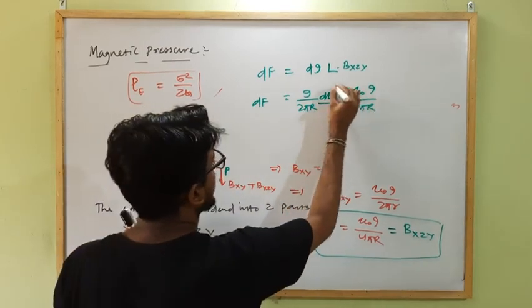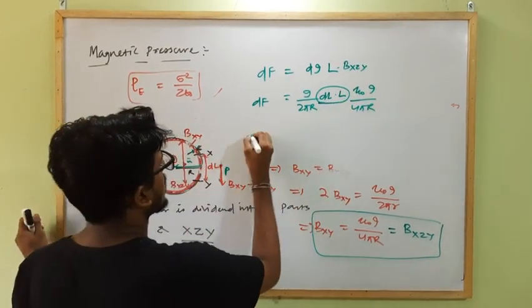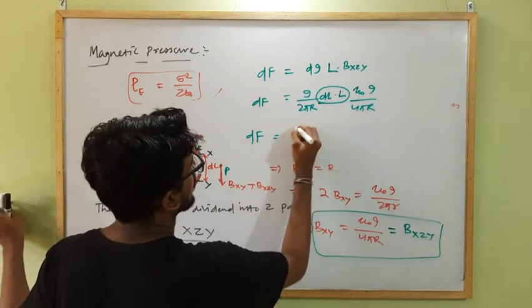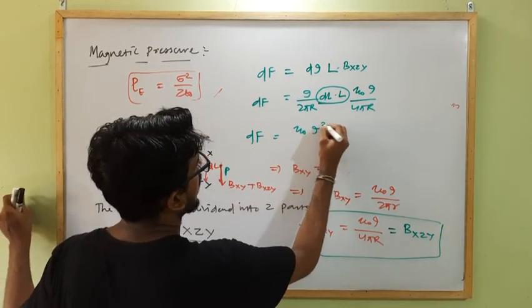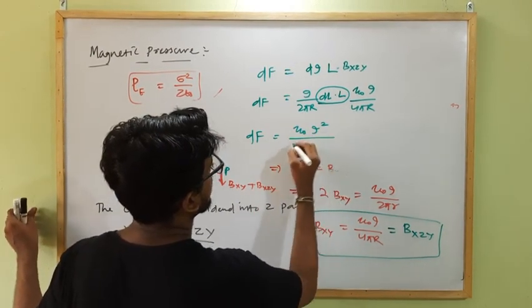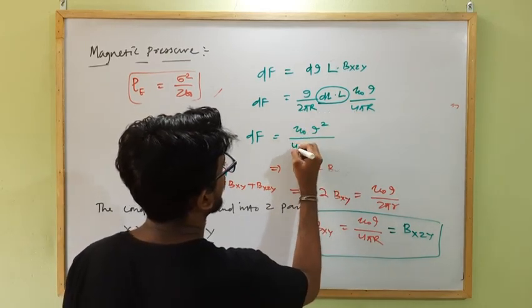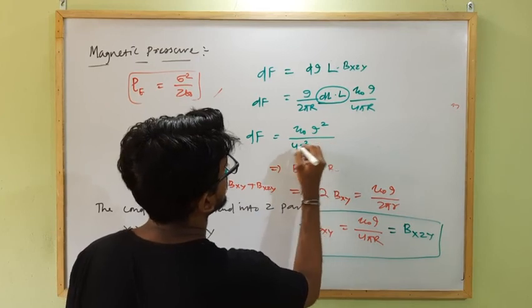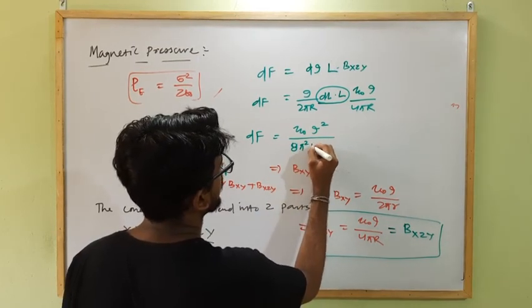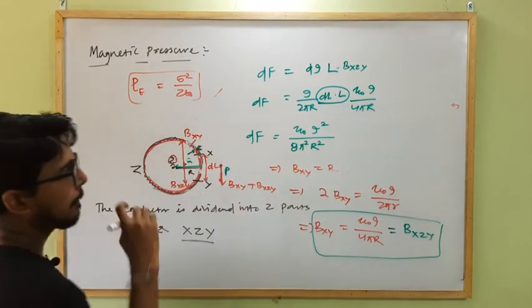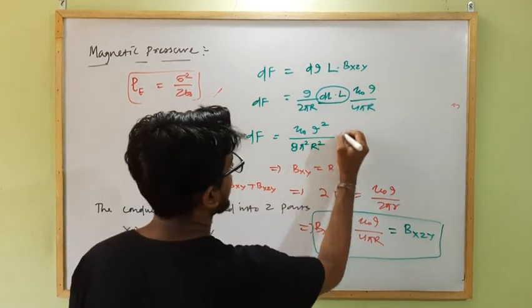So this complete will become what? The area. So dF equal to how much? Mu naught I square divided by 4 pi into 2 pi r square, it will be 4 pi square, sorry, 8 pi square r square, into area, let it be A.